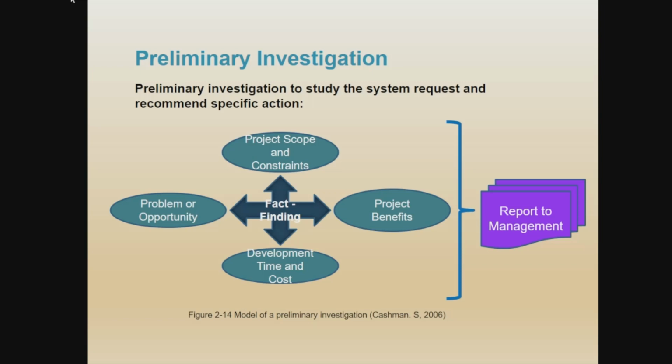Okay, so how to study? You can make a study or investigation through fact finding. From the fact finding, you can know the problems of the current system, the opportunities that you can find from the problems, the scope, and the constraints. The constraints are about within the company itself or the other entities that are involved.